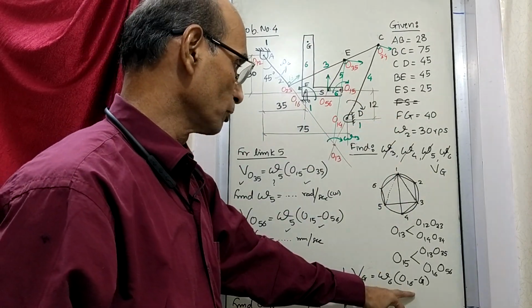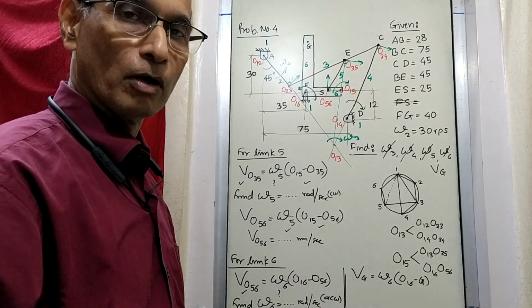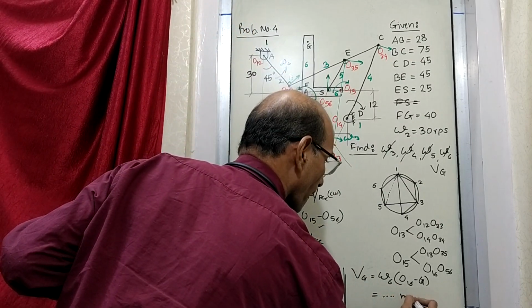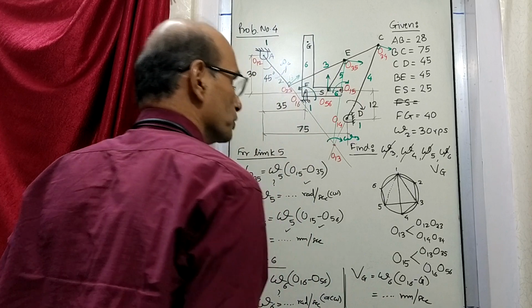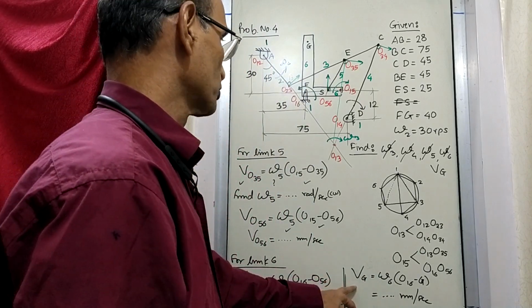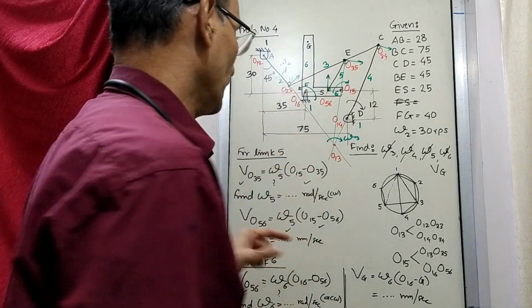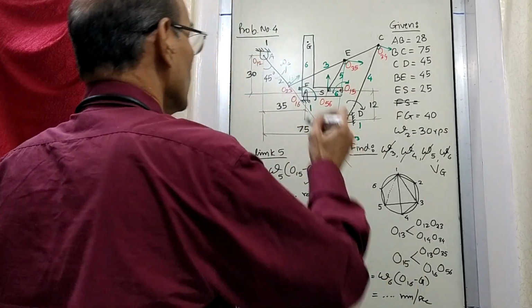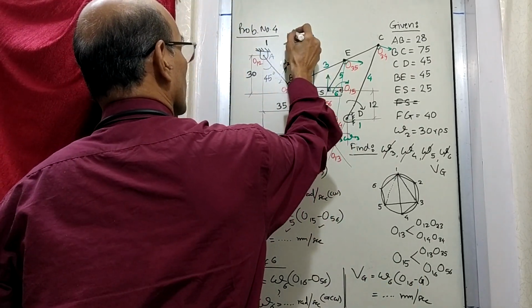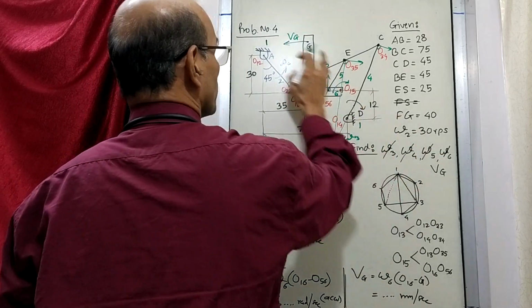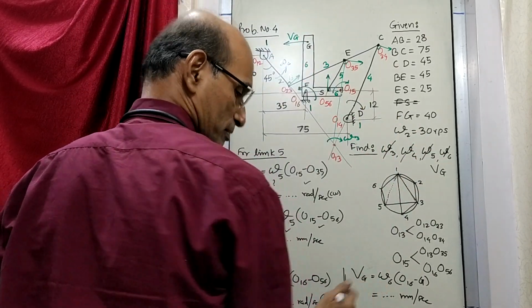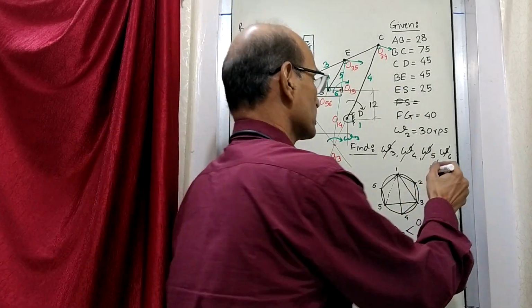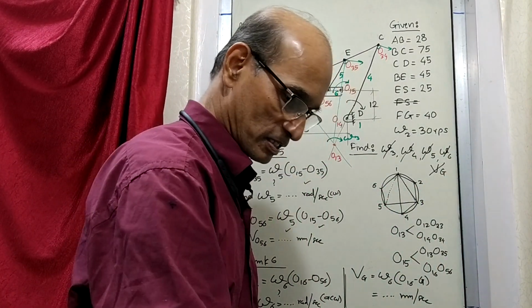So distance we know, omega 6 we have just now found out. So you can easily find out the velocity of G. Velocity of G is omega into r, and it will be in which direction? Since it is going like this, you can say that velocity of G is this. Answer is this. So we got the answers of all the various things that are asked.